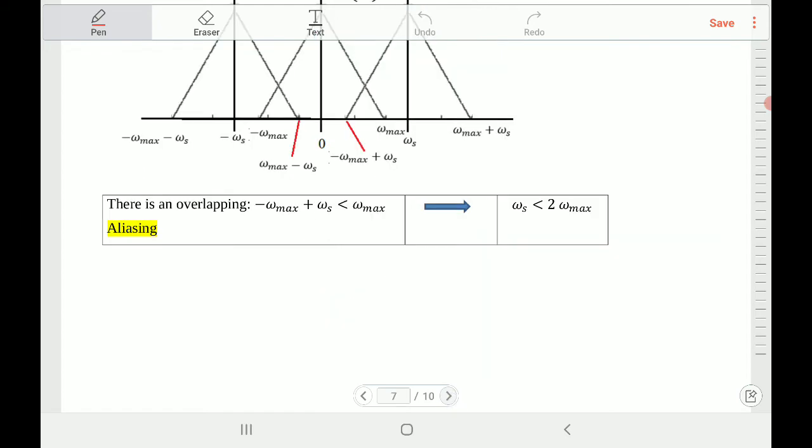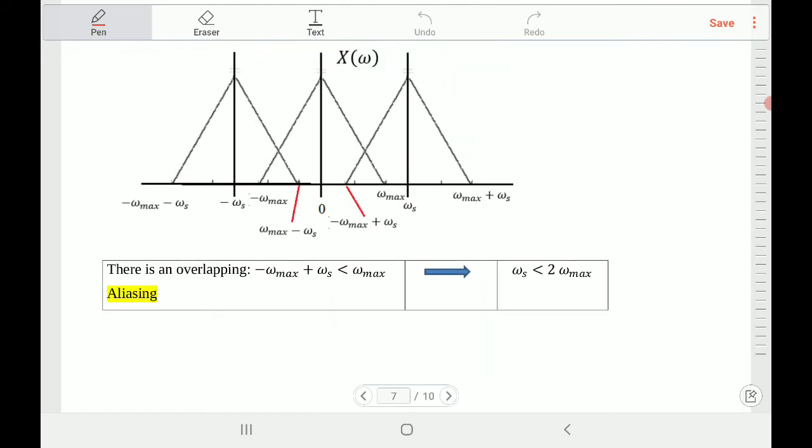What about if you do not do that? Let's say that your omega max is still 5, and that's minus 5, but you didn't make the switching frequency satisfy this condition. Let's say that you make it equal to 8. If you go back 8 minus 5, you get 3. So 3 is smaller than 5.